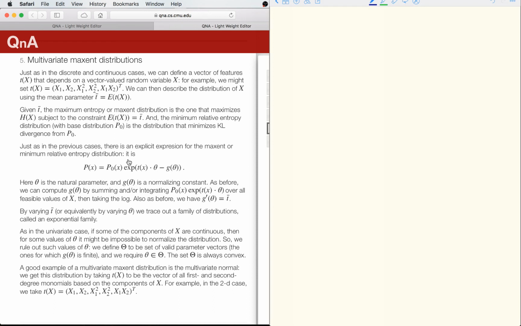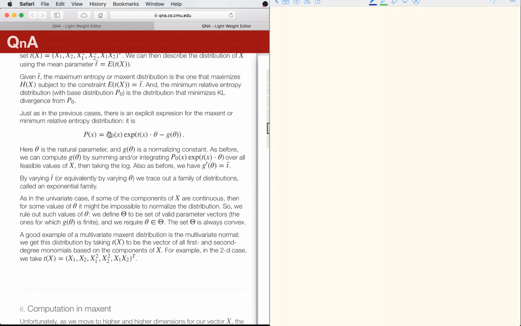You can also have a minimum relative entropy distribution, which is the one that minimizes KL divergence from a given base distribution p0. Here's an explicit expression for the Maxent or minimum relative entropy distribution. It's the same as in the discrete case. The difference is that to get the normalizing constant, you have to integrate, and it's potentially a multiple integral in this case.